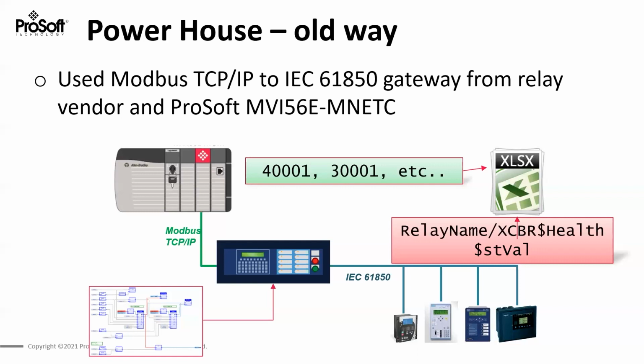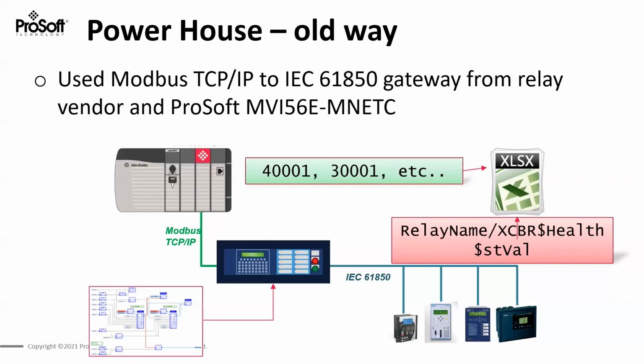It worked very well, very reliably. It had quite a bit of setup and configuration associated with it. Not only were you programming in ControlLogix, but you're also programming in the standalone RTU device. You also had an Excel spreadsheet that you had to keep track of to say, okay, this point on my 61850 network is now this point on my Modbus TCP/IP network.